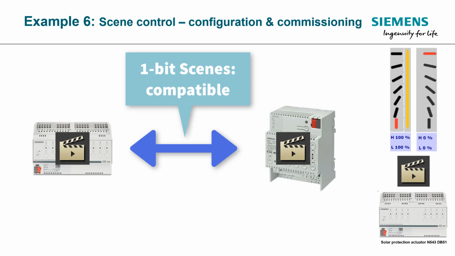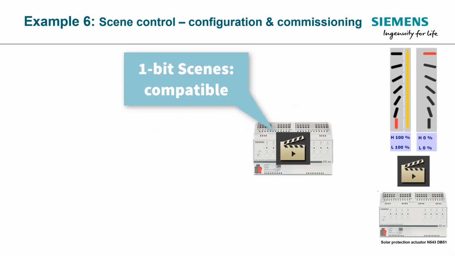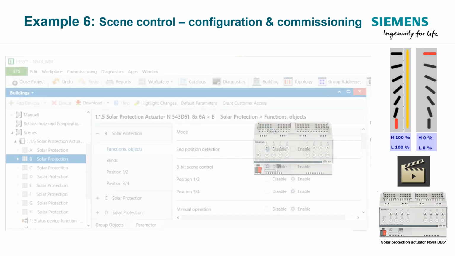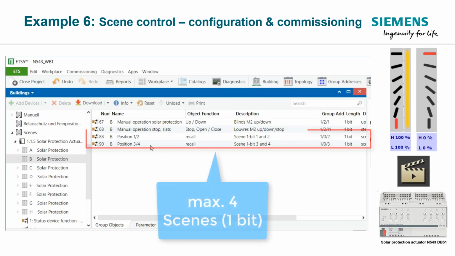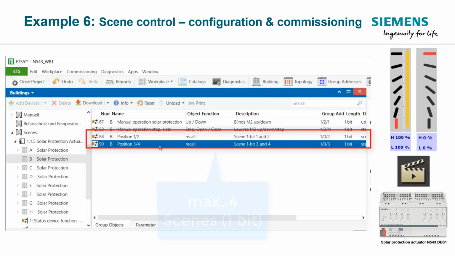If such actuators are exchanged for the new sunshade actuators, the existing preferred position control can be adopted, and we are more flexible in the combination with 1-bit central commands. 1 or 2 1-bit scene objects are possible on each channel, whereby up to 4 scenes can be controlled. They are initially independent of the other channels, but can also be controlled together using the same group addresses.